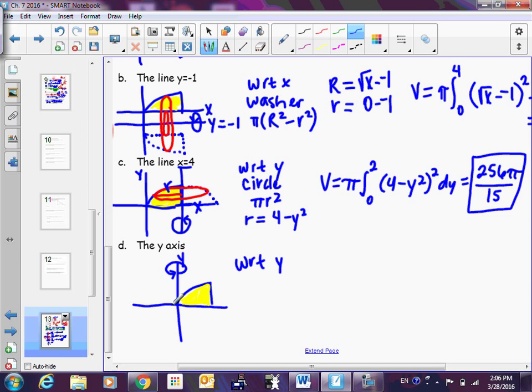And if you're not sure whether this is a circle or a washer, you need to first off draw the reflection. Now, is there a big gaping hole in the middle? No. However, think about what this is going to make.